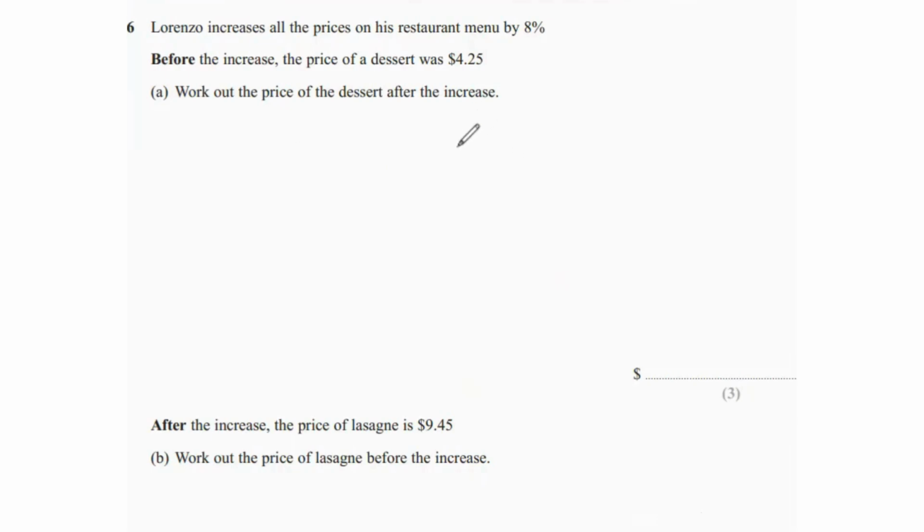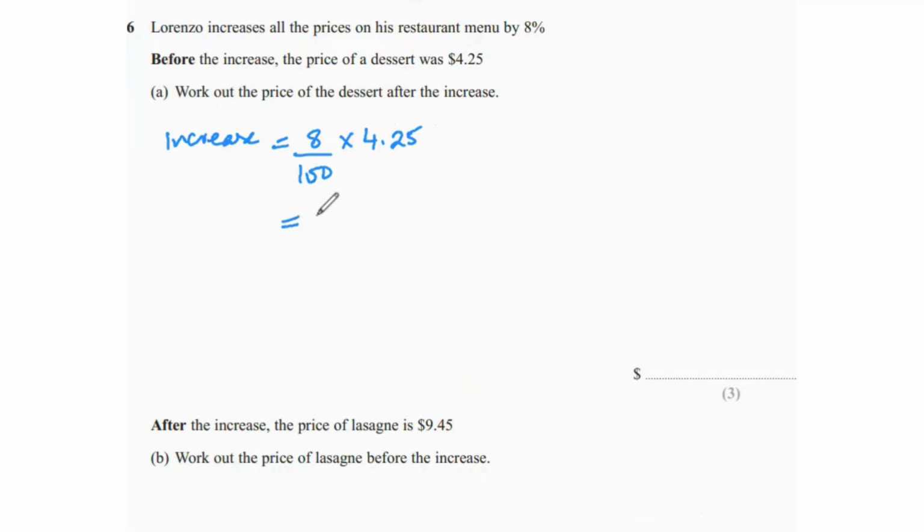So the price of the dessert is increased by 8%, which means we're going to find 8% of the price, and then we're going to add it to the initial price. So the increase is going to be 8 over 100 times the initial price, which is $4.25.